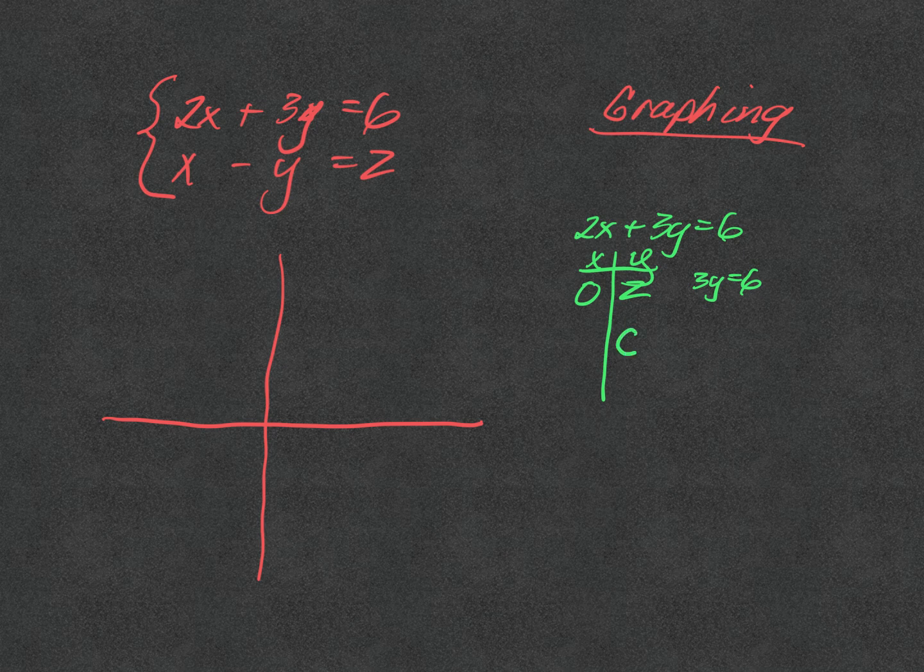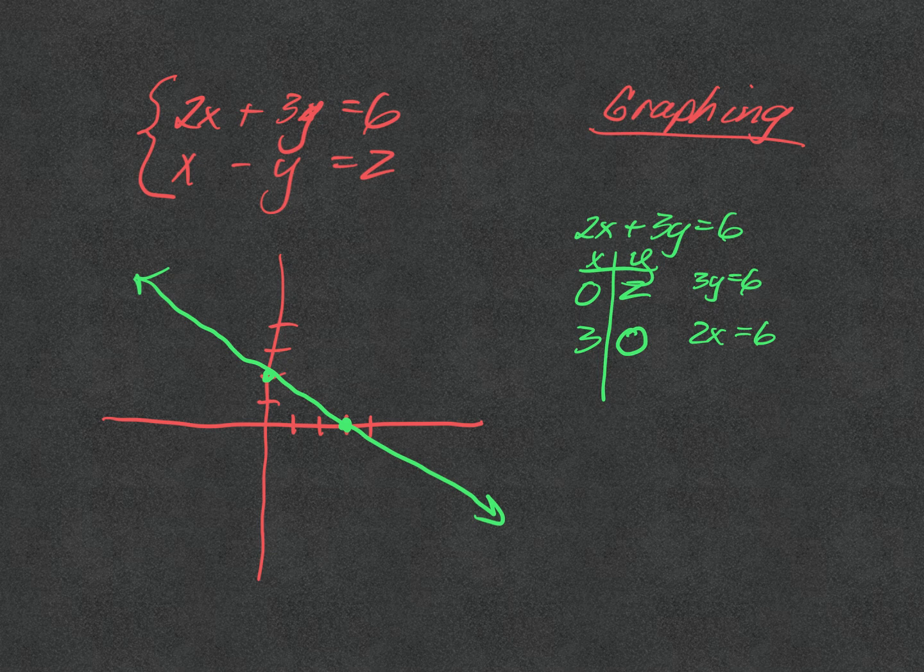And if y equals 0, then that gives me 2x equals 6, so x is 3. For this equation, I would plot (0, 2) and (3, 0), and this would be the line for that equation.